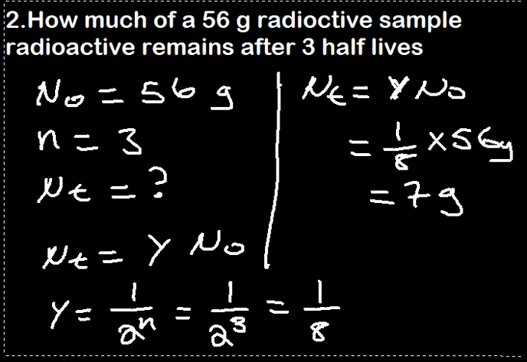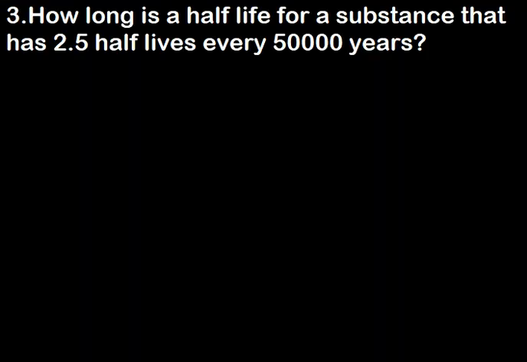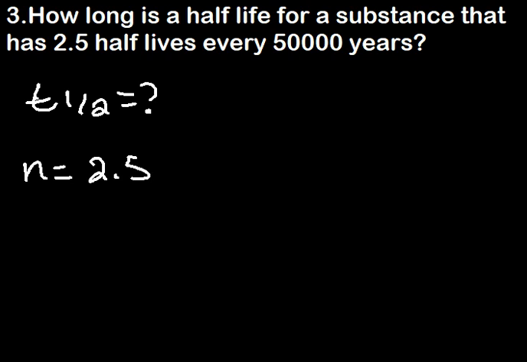And let's see the next question as well. So let's say this is the question. How long is a half-life? So we are looking for the half-life for a substance that has 2.5 half-lives, so n is the number of half-lives, every 50 years, which is given as the time.